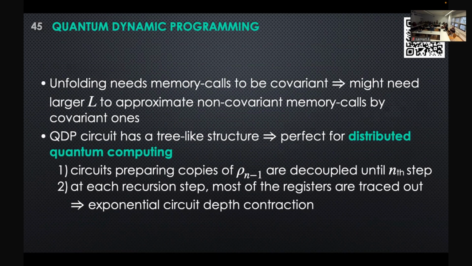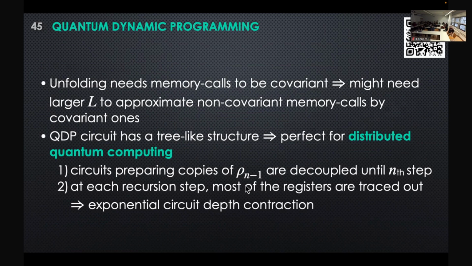If you remember the scheme, you have multiple copies of rho n independently prepared, and they just interact pairwise. So it has some sort of a tree-like structure where circuits that prepare different copies of rho n-1 are completely decoupled before these memory states are used for the memory query.